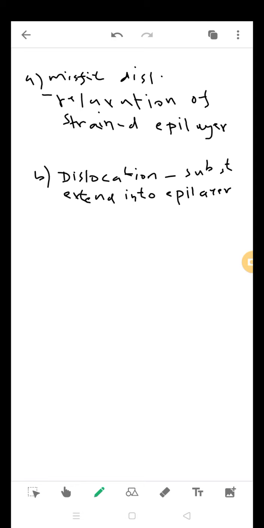And lastly, stacking faults, which are on the 111 plane.